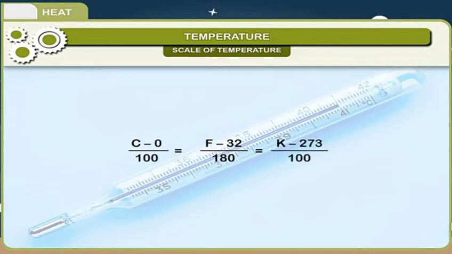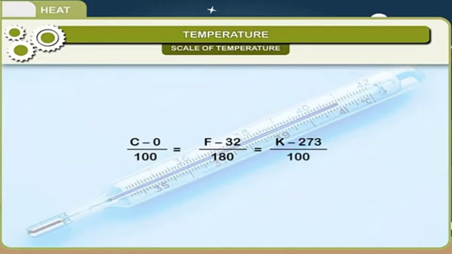So this formula can be used to convert the temperature from one scale to the other. (C - 0)/100 = (F - 32)/180 = (K - 273)/100.